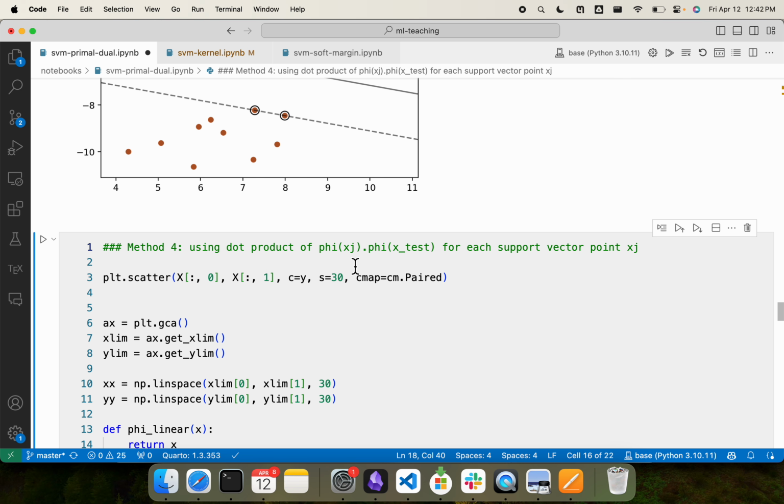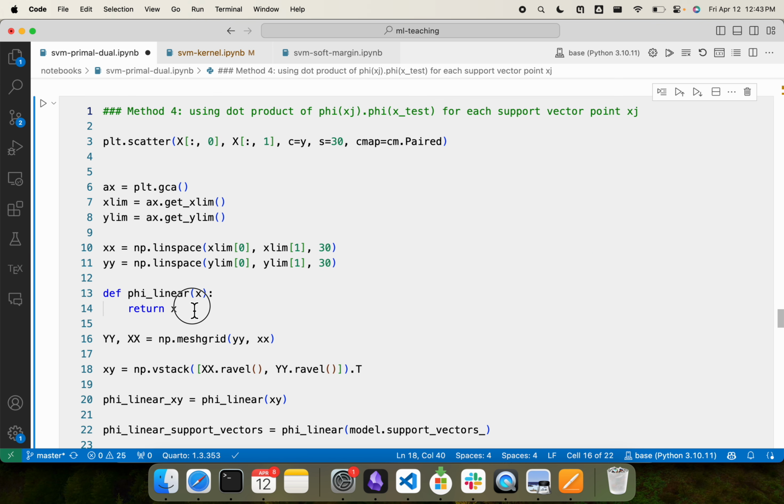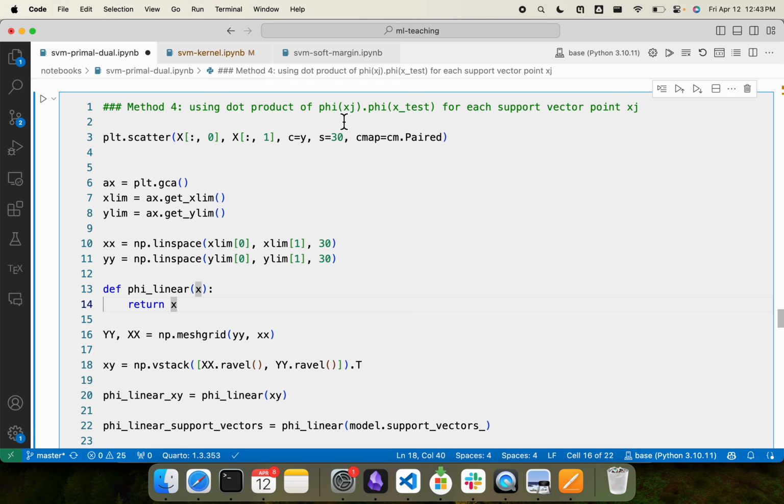Because we are currently dealing with just linear data and linear SVM, we have not actually transformed the data to any high-dimensional space. So our phi linear just returns x, right? If we had instead done a phi polynomial, then it might have returned x, x squared, x cubed, something like that. But since we are dealing with the linear kernel, phi of xi is just x.